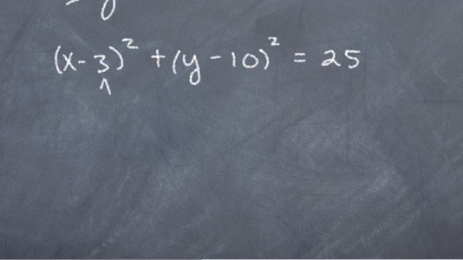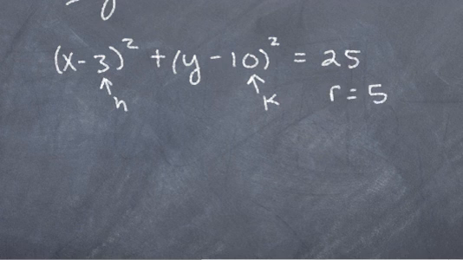Remember that this is our h, and this number here is our k, and this number here, we're going to need to square root it, is going to be our r. So r is going to end up equaling 5.